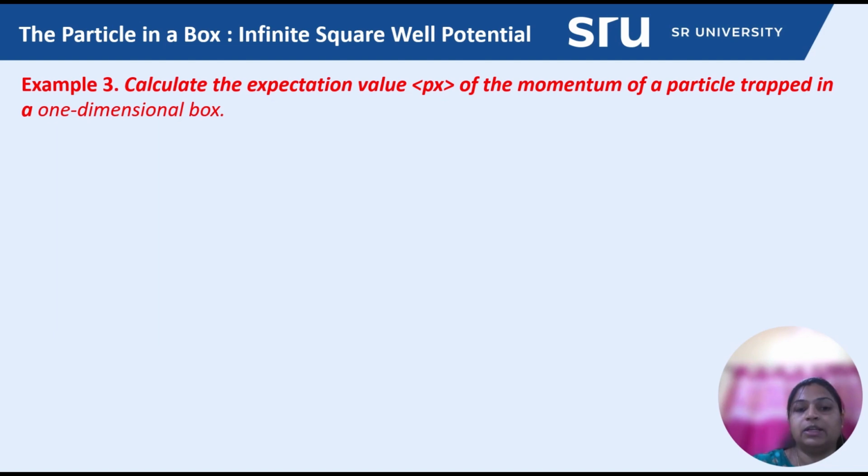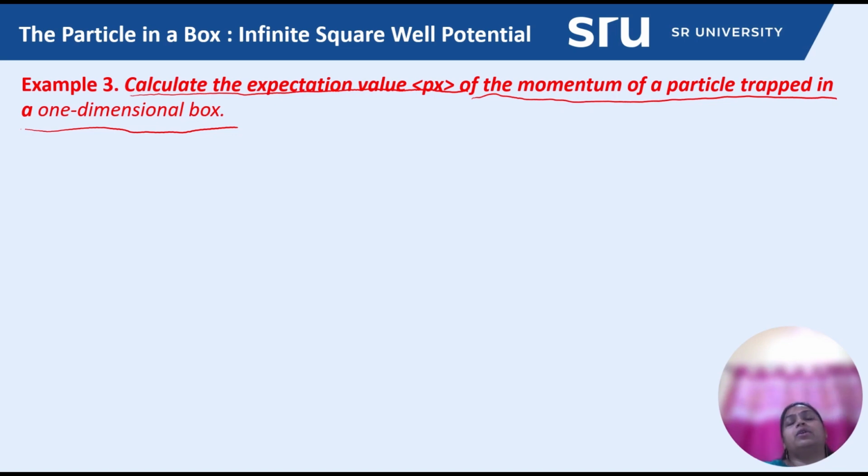Let us take the example: calculate the expectation value of px, the momentum of a particle trapped in a one-dimensional box. So for finding this, we know the normalized wave function, let us see what the formula related to this expectation value of p is, so that we can easily find it.